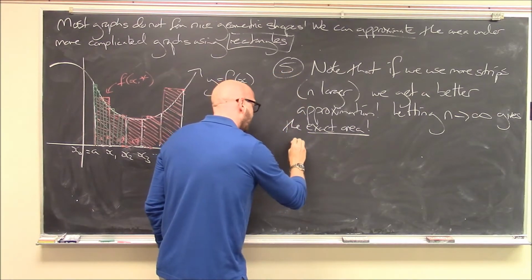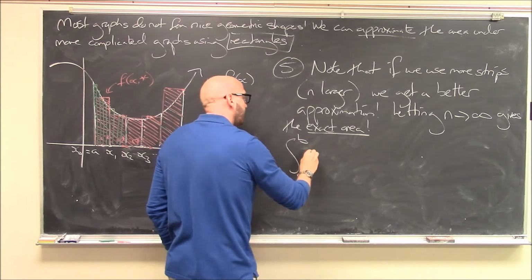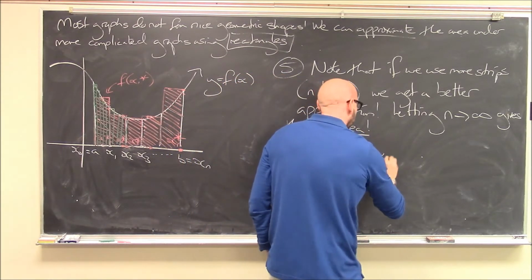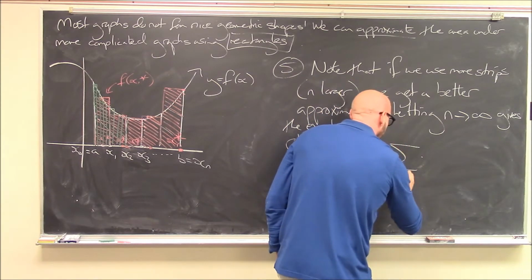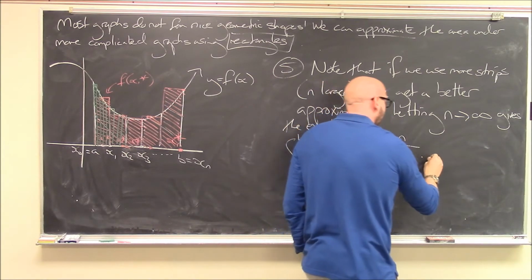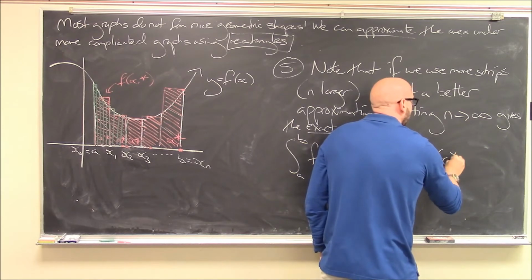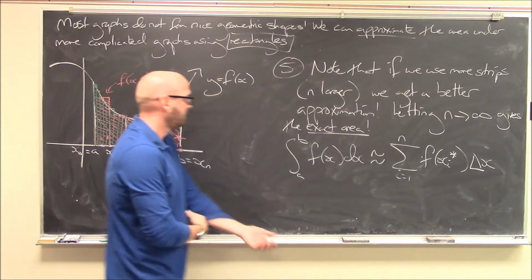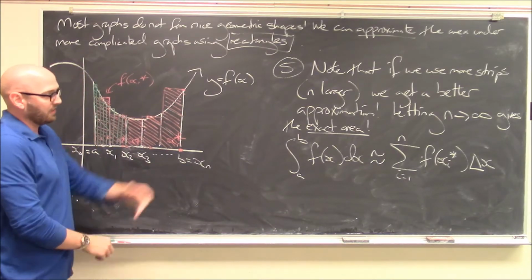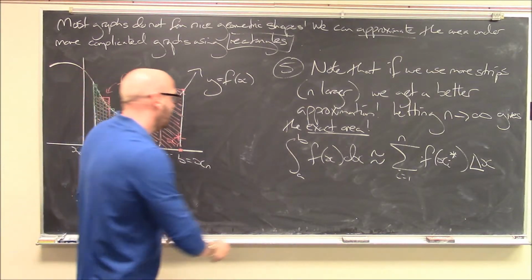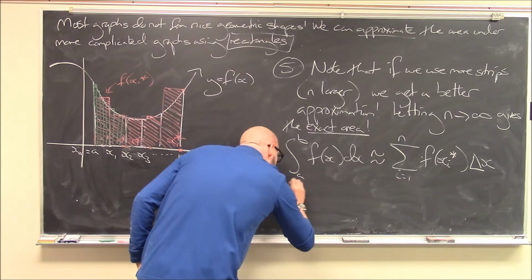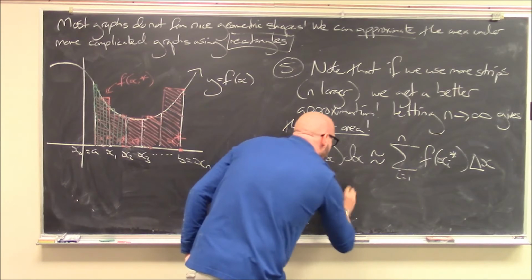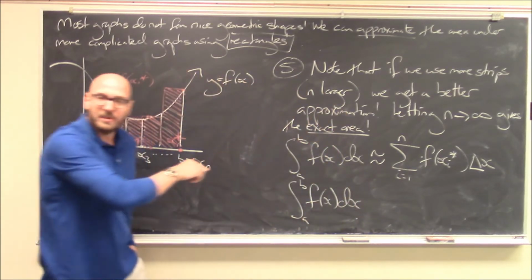We had this observation already: the integral from a to b of f of x dx is approximately equal to the summation as i goes from 1 to n of f of x sub i star times delta x. That was our step 4. Well, what I'm saying here is that the approximation can be made better.